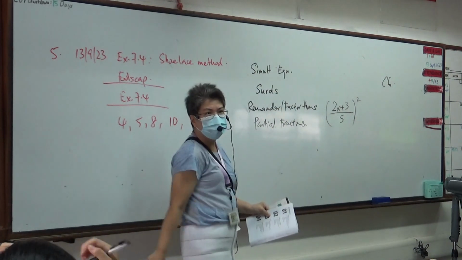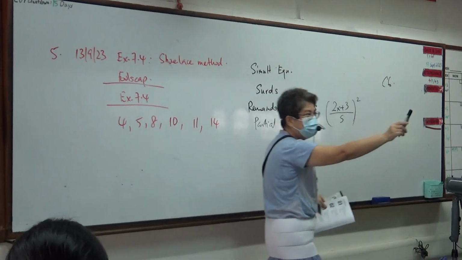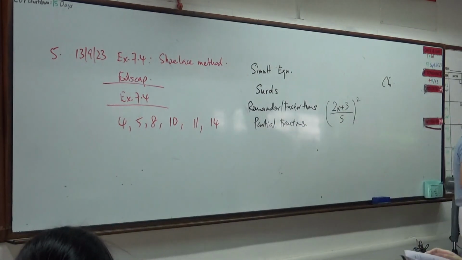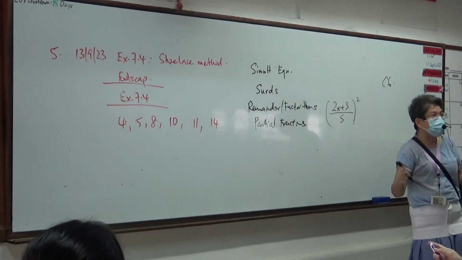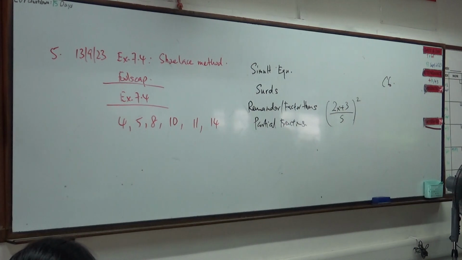Just know and you know how to do it. Partial fractions, what's the first thing you do? Check whether proper or improper. What if the top is degree 3, but below also degree 3? It's long division. Equal also improper, understand?